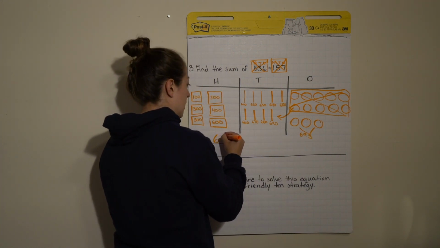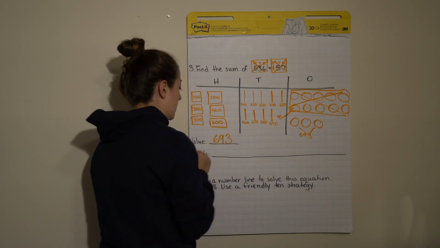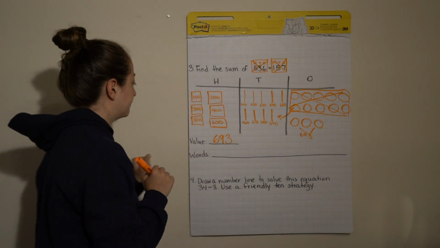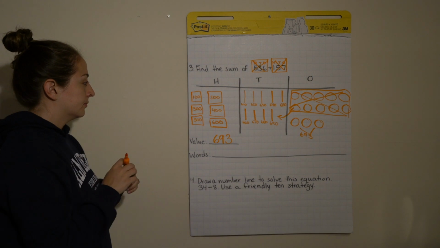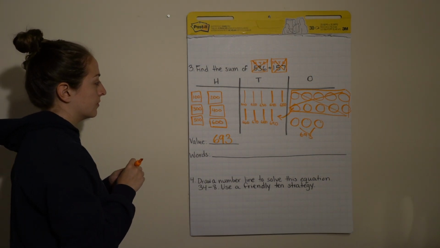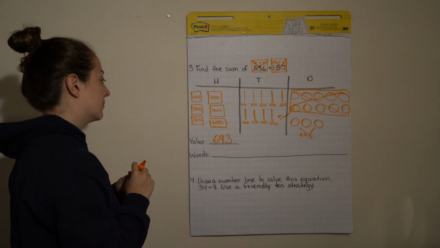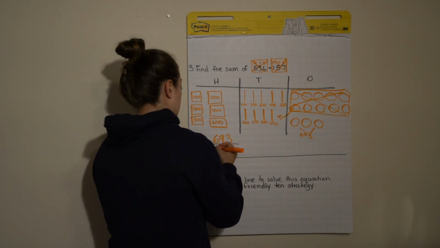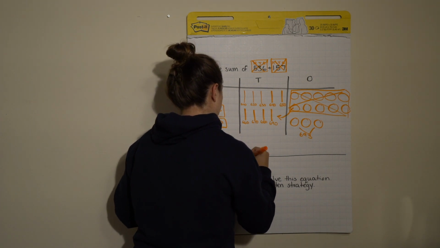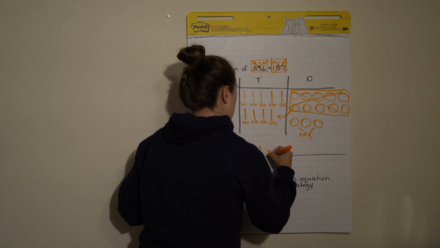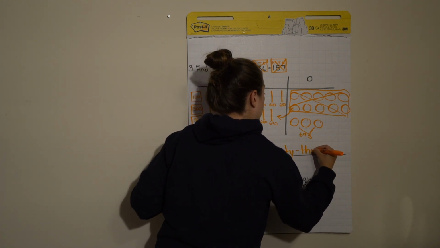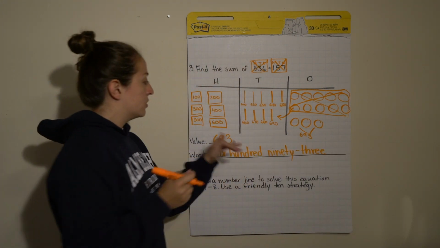Let's make sure that we write that for our value. And now you need to take the time to write it in words. So 693. Make sure you spelled it correctly.